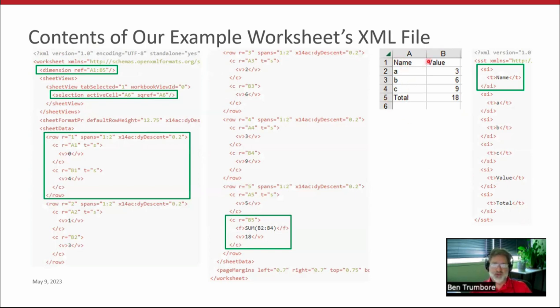The left column and the top of the right column are strings, and these 3 values here are static numbers, and this number here shown as an 18 is actually the result of an expression. So inside the XML file, there are some things that might be interesting to know. One is that the file knows the dimensions of the data within it.